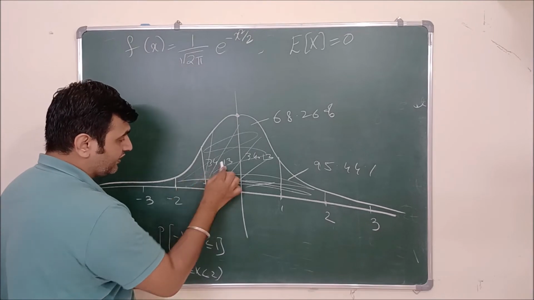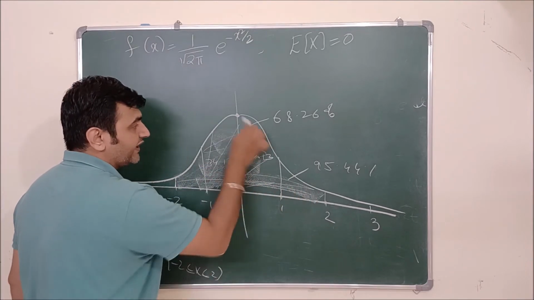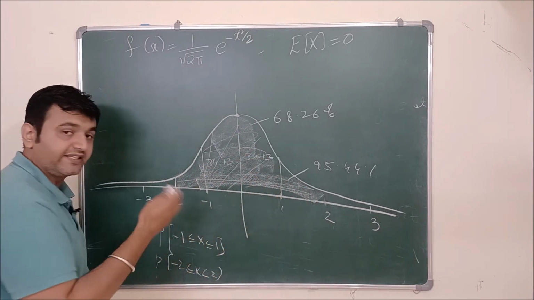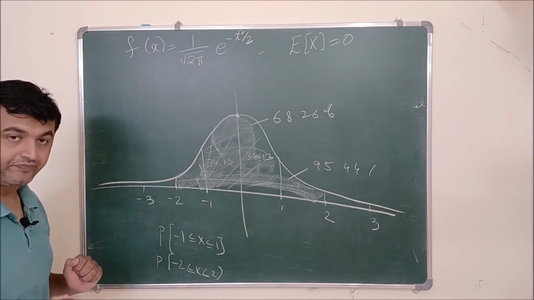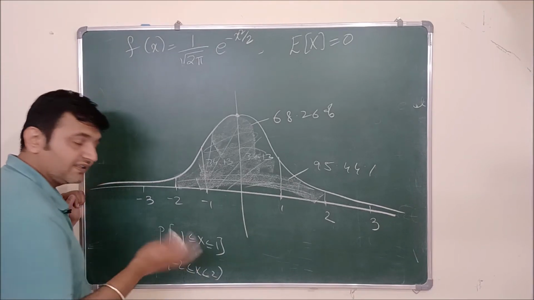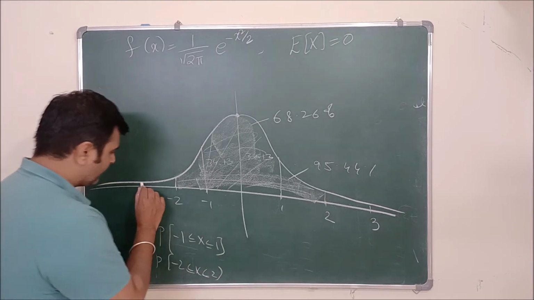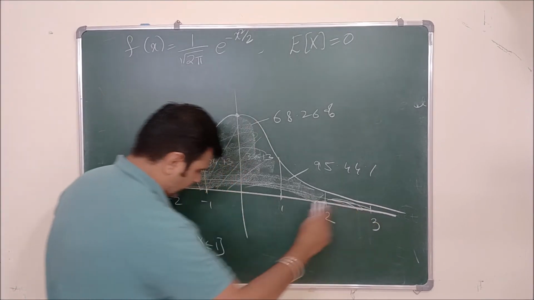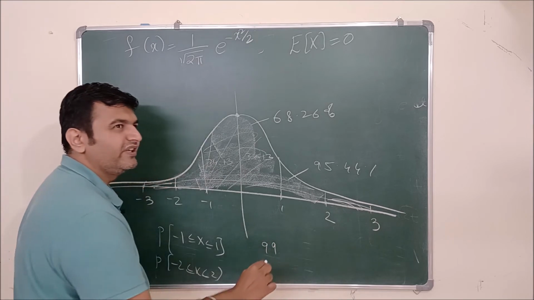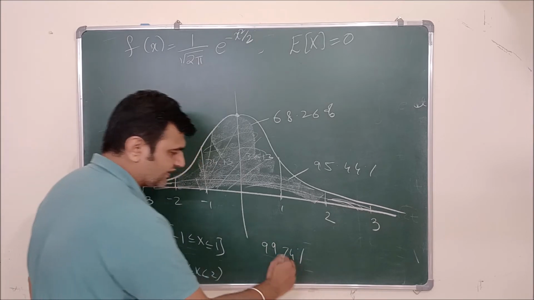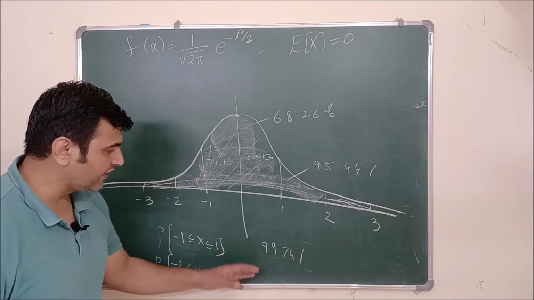So that much amount of data is centered near the mean. And if I take from -3 to 3, that means a 3 standard deviation interval, it takes around 99.74%, I think.